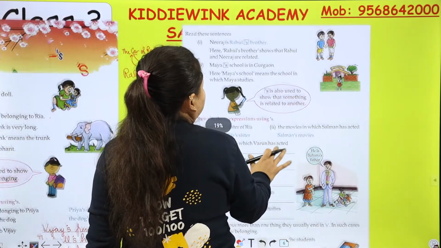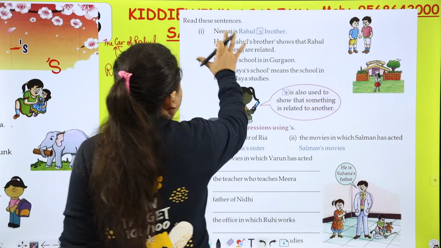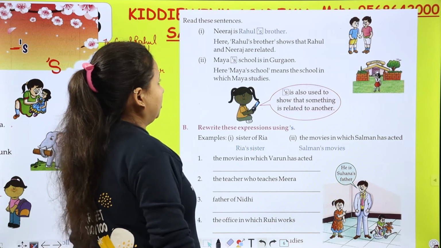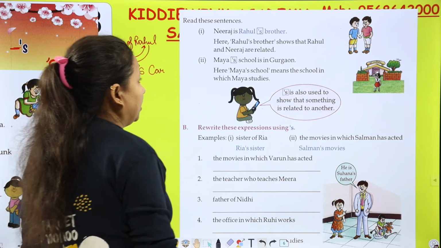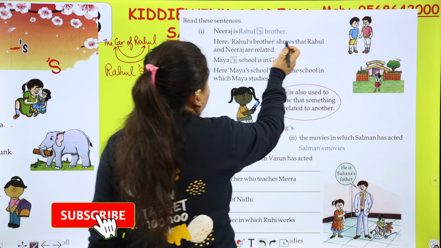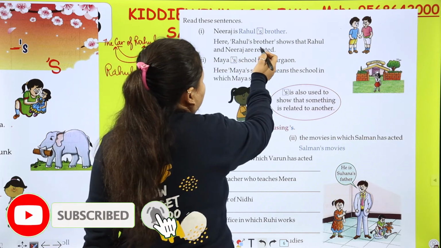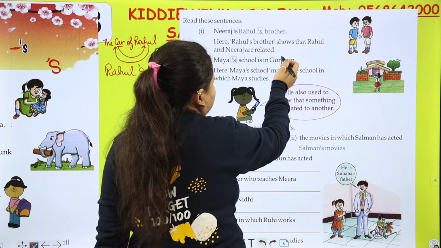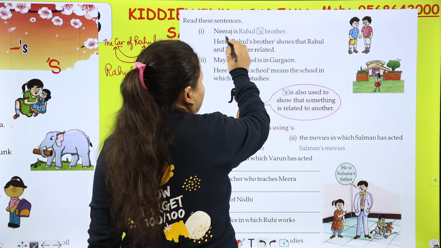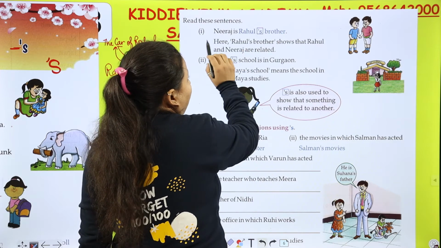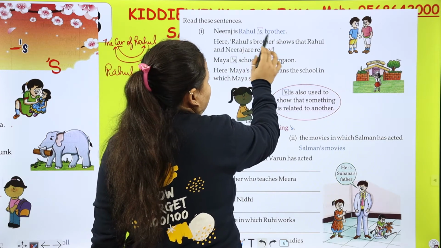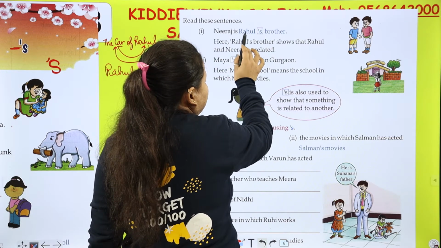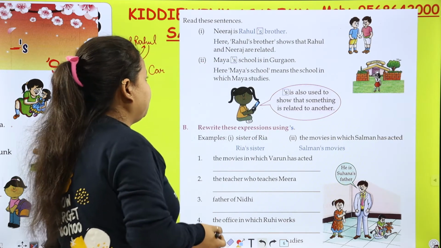Now read these sentences. Neeraj is Rahul's brother. So here Rahul's brother shows that Rahul and Neeraj are related, or they have a relationship.